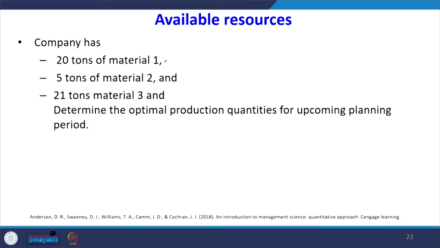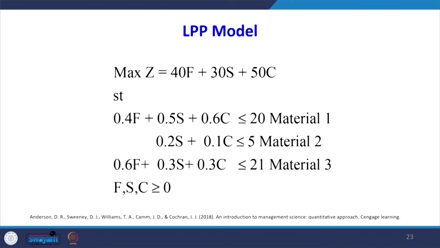So, the problem for the manager is to determine the optimal production quantities for the upcoming planning period. There are 3 products, and he should know what the production quantities should be. The objective function is a maximization: 40F + 30S + 50C.